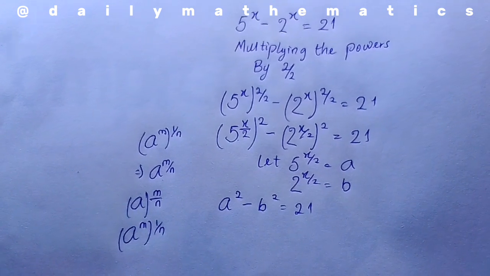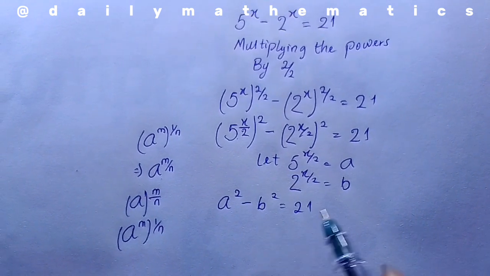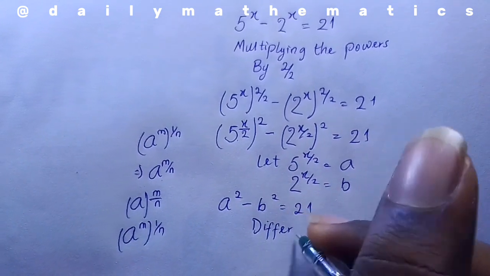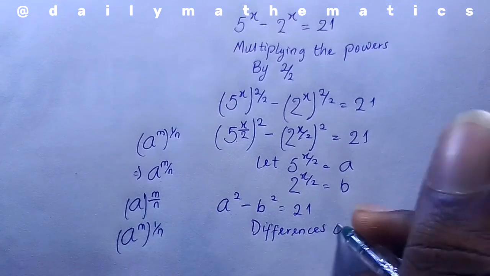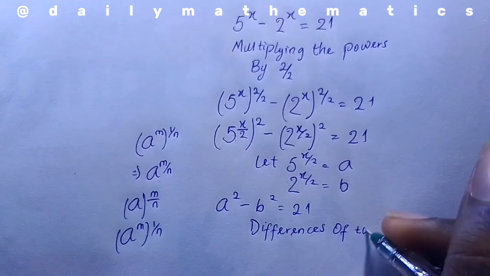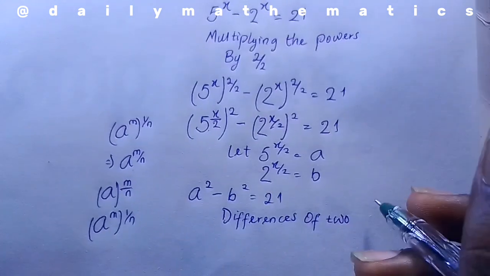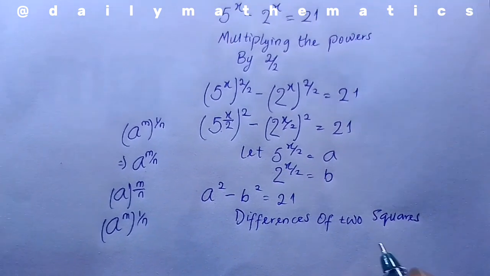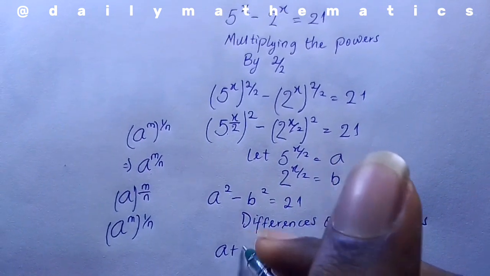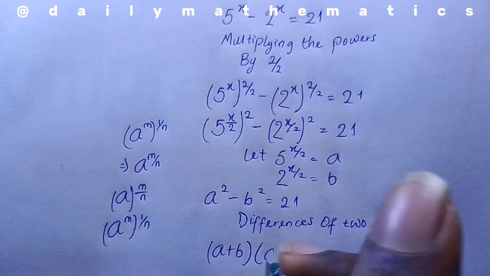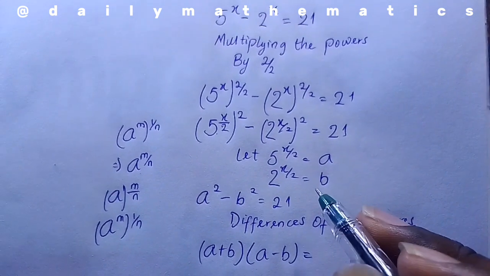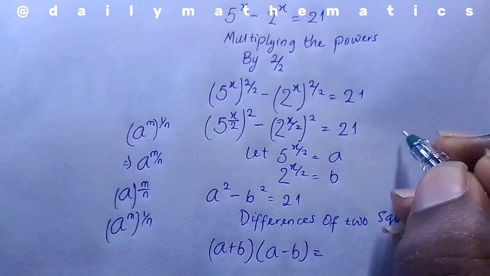When we have a squared minus b squared, we have a difference of two squares. What will they give us? a plus b, bracket a minus b, equals 21. Now we have to factor 21.